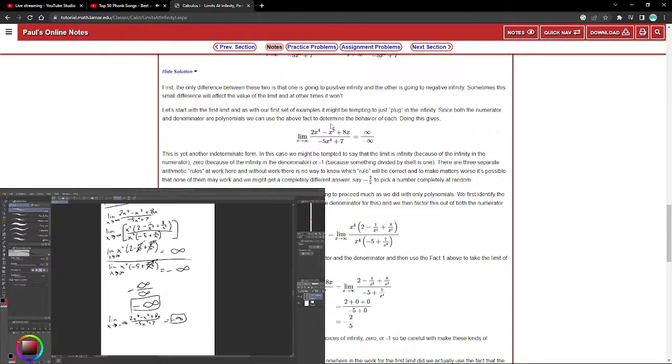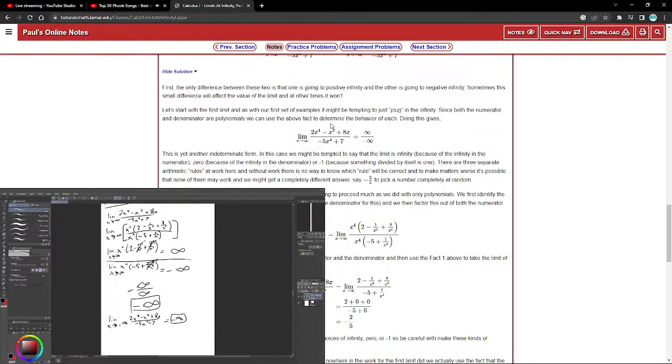There are 3 separate arithmetic rules at work here. And without work, there's no way to know which rule will be correct. And to make matters worse, it's possible that none of them may work, and we might be given a completely different answer, say -2/5, to pick a number completely at random. So when we have a polynomial divided by a polynomial, we proceed much as we did with only polynomials.